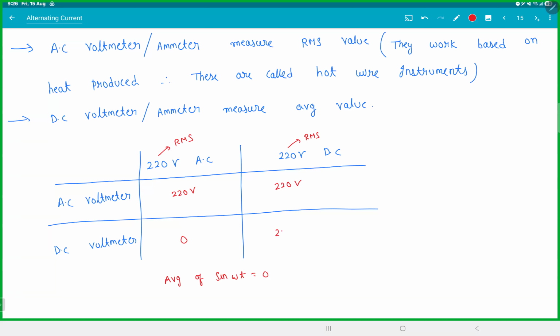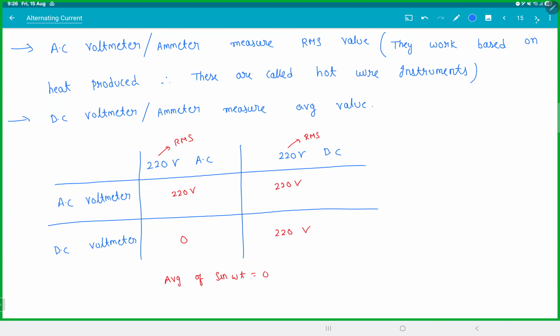For DC source it will show 220. Clear with this? So a DC voltmeter shows the average value. If you put it on a normal source, the sine function, the average value will be 0, so it will show 0. Clear? That's a little about AC and DC voltmeters.